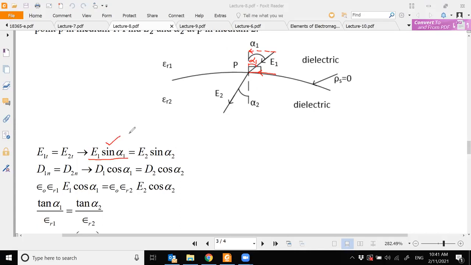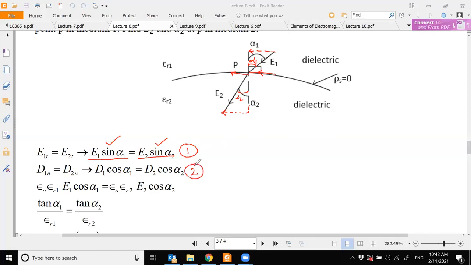And what about E2 tangential? The same way. This is alpha 2, and I want this component. It will be E2 sine alpha 2 with the first boundary condition.